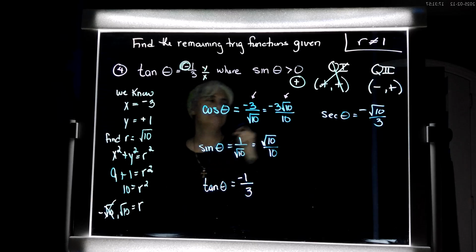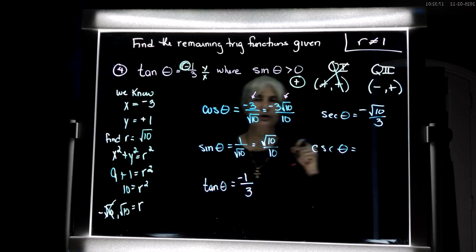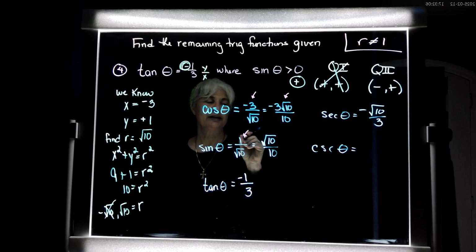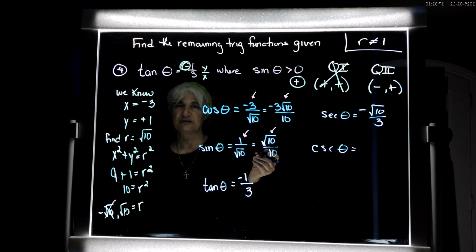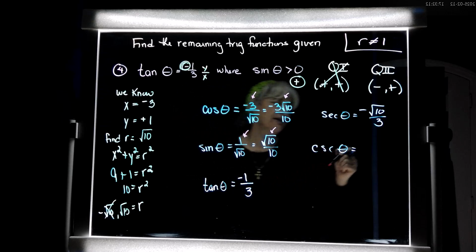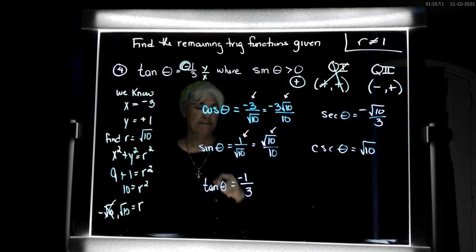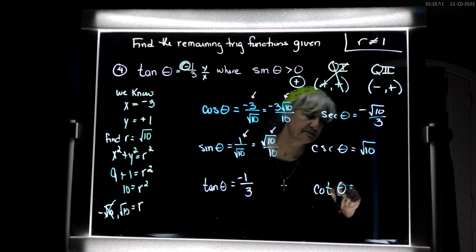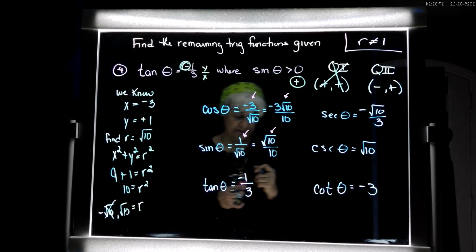Reciprocal of sine. Cosecant. Okay, so which one are you going to look at to reciprocate? The initial writing or the rationalized form? Which one's easier to flip over? Yeah, the initial writing. So that's just going to be the square root of 10, isn't it? Cotangent. Yep, just negative 3 when you flip that over.